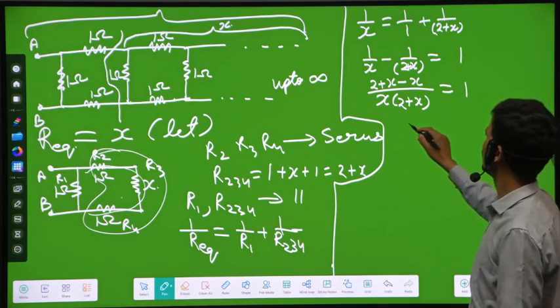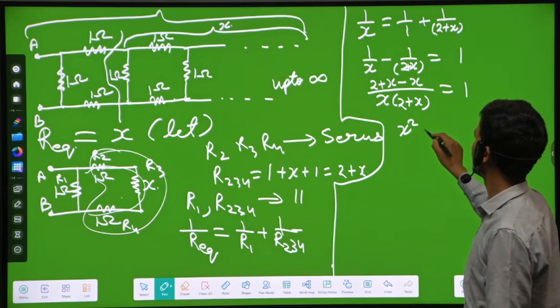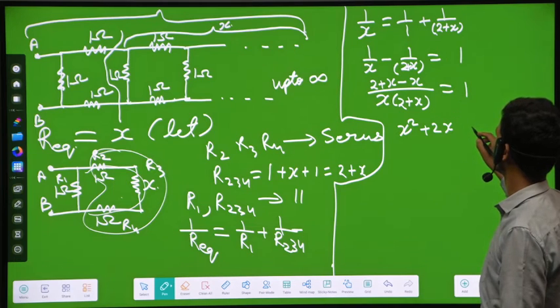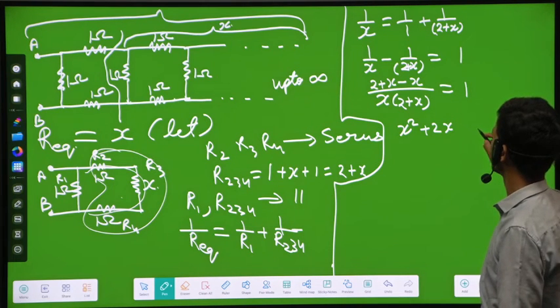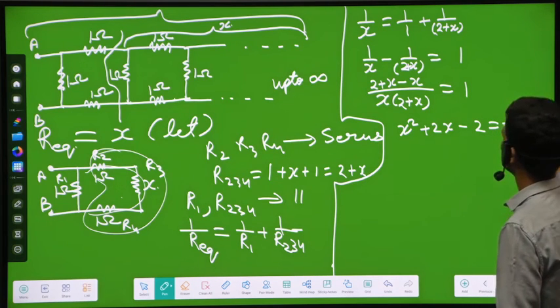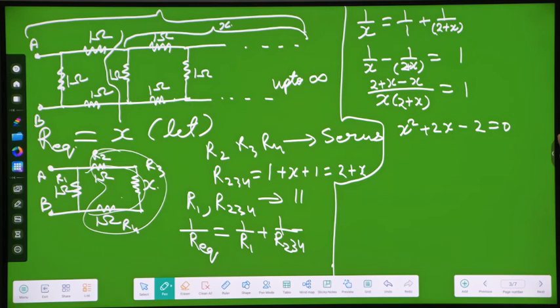So finally it will be x square plus 2x minus 2 equal to 0. Isn't it? Yeah, of course.